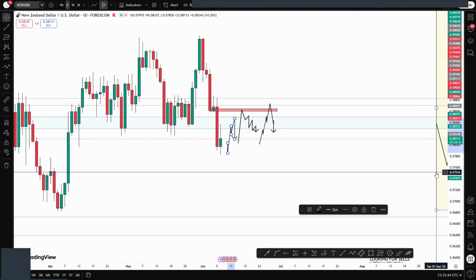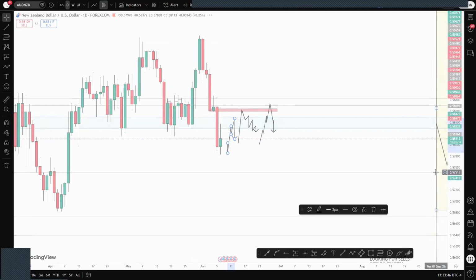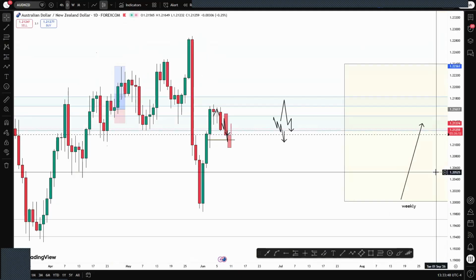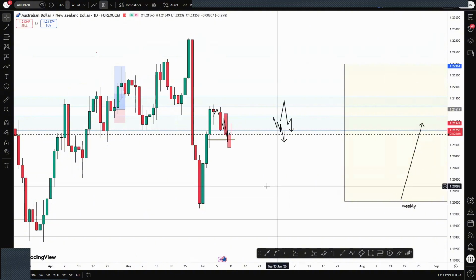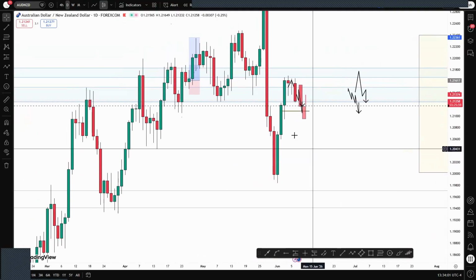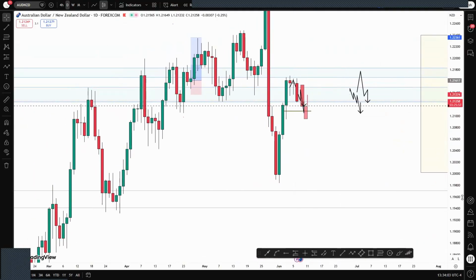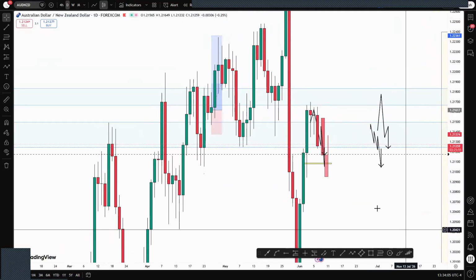So the next thing we have is AUD NZD. So this one, price seems to be a bit active. You can see we're having that bearish daily rejection.